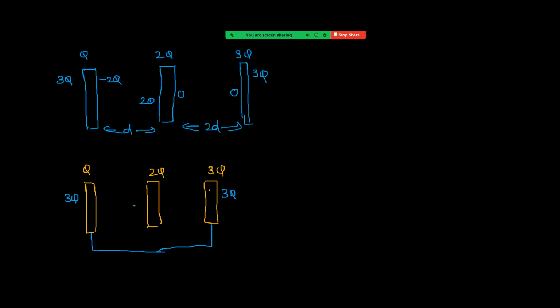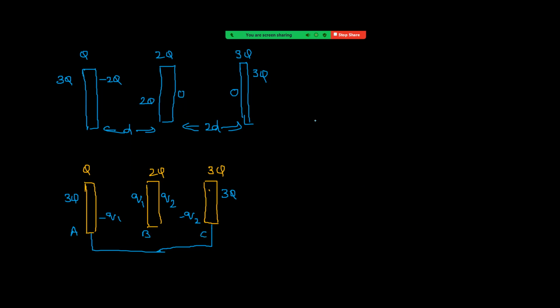Coming to the inside, let us consider this is Q1 and this is Q2. Then this will be minus Q1 and this will be minus Q2. Okay. Now what I am saying is the potential difference between these two should be equal to the potential difference between these two. Okay. Let us name them as A, B, and C.